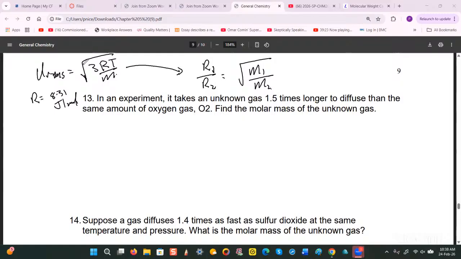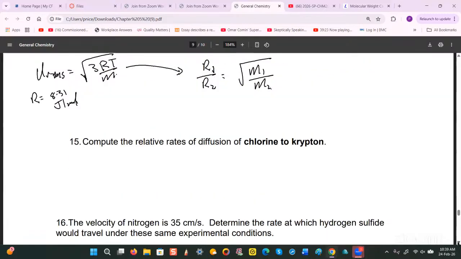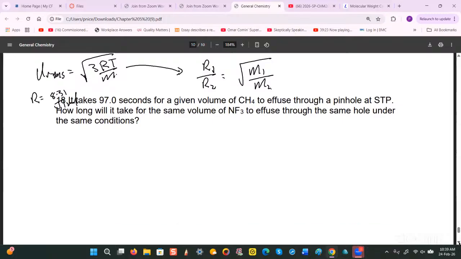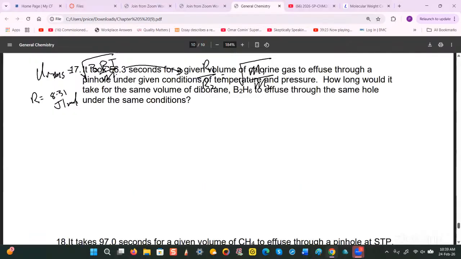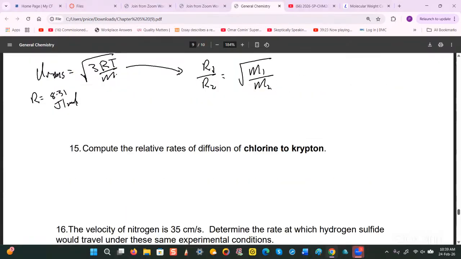But let me just check something here. Give me a minute. Let me just quickly check the rest of this. Okay, so unfortunately, I don't have any questions here using the root mean squared equation.